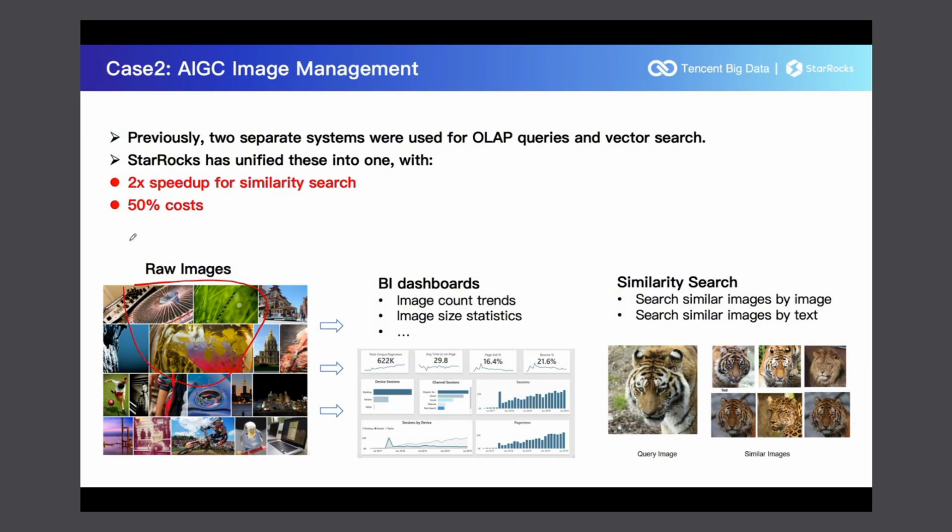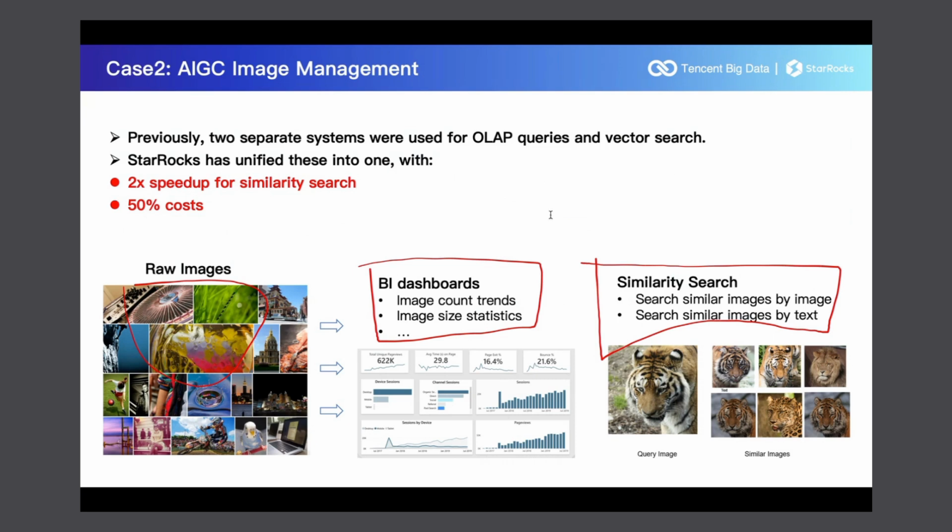There are two different workloads on the same data. One is OLAP queries for BI dashboards, and the other is vector search requests from users to search similar images.